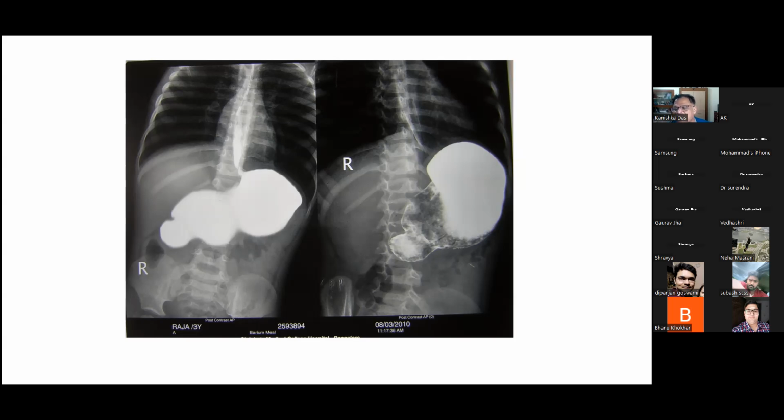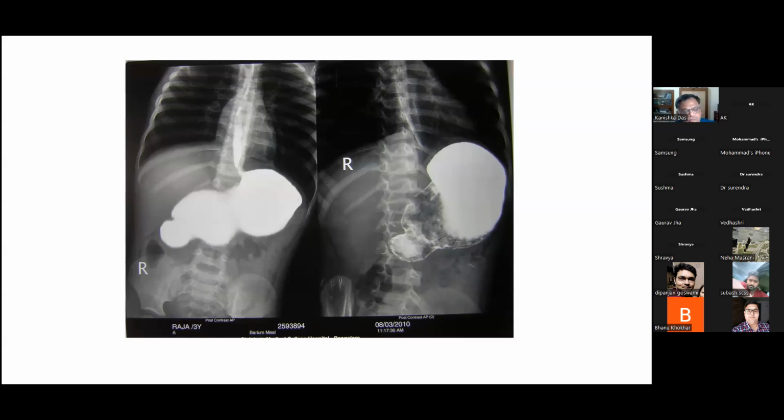Come on, take this. Sir, is it inverted mushroom sign? You have to describe. Don't ask the examiner questions. Come, go ahead and describe. It's from Shravya's phone. My network was giving a problem. Yeah, you want to take this? Yeah, can I take it, sir? Please take. Neha, right. Your network was not okay. Now it's okay. Come, take.